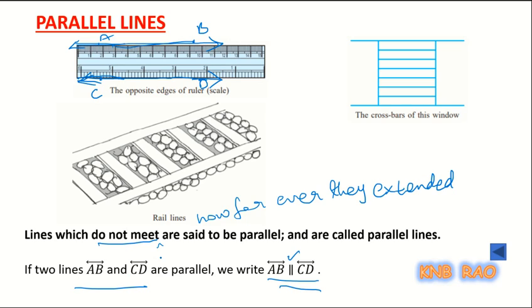Okay, now another important terminology which I want to bring to your knowledge today is ray. You might have heard the word ray, where you will normally hear light rays.